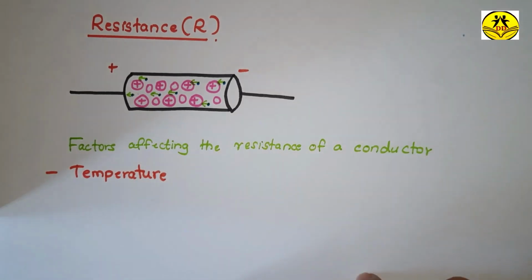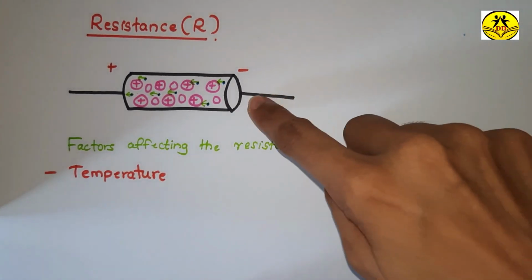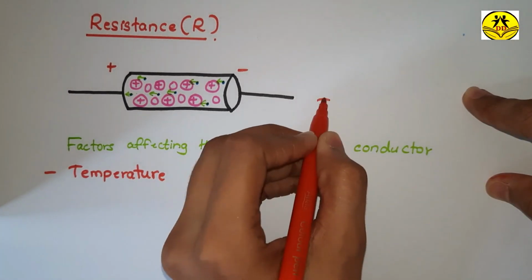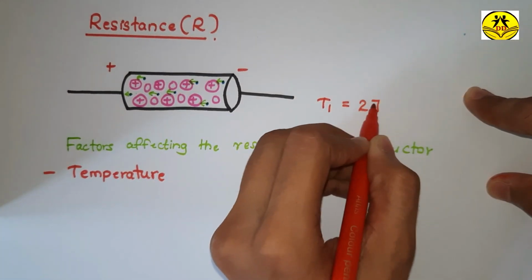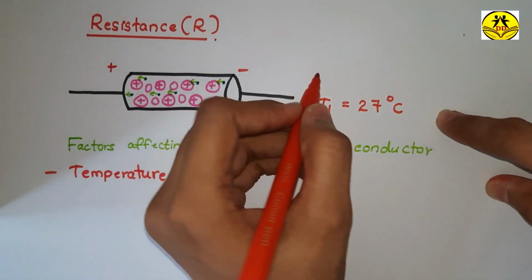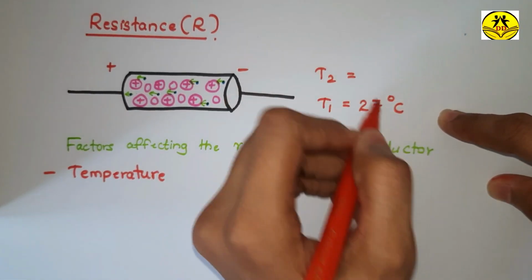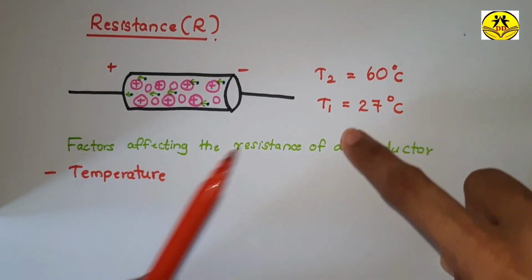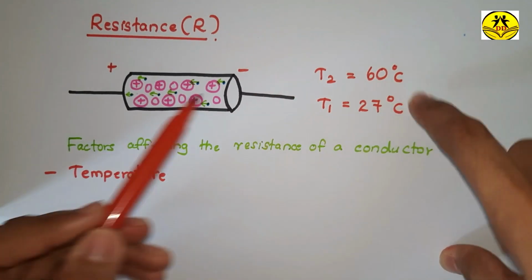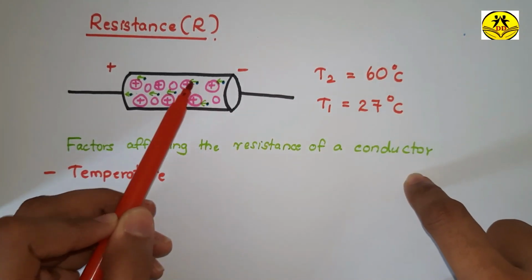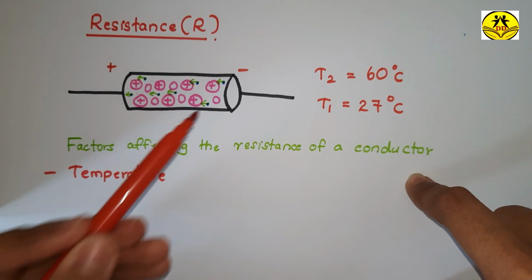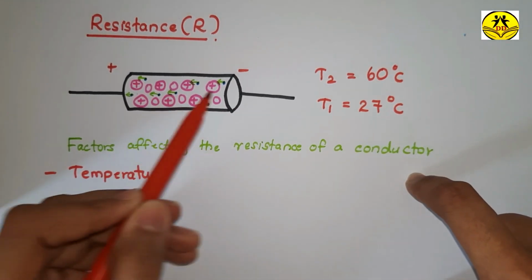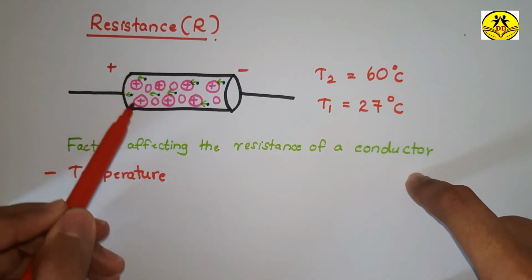Now consider a metallic conductor at T1 equals 27 degrees Celsius, room temperature, and at a temperature greater than that, like 60 degrees Celsius. When the temperature is high, these free electrons have a greater energy, so they collide vigorously with these cations and atoms.